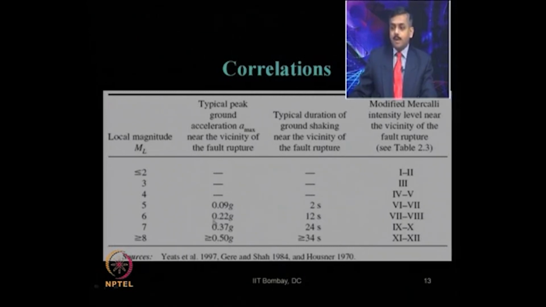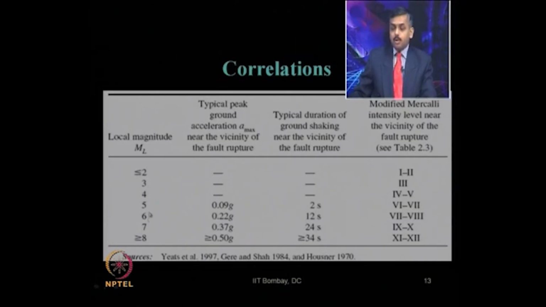Or if somebody asks you what can be a typical maximum acceleration during an earthquake of Richter magnitude 5, you can always tell them it is about 0.1 g. That is, 0.09 g or 0.1 g, and the typical duration will be about 2 seconds, and this corresponds to an MMI scale of between 6 to 7.